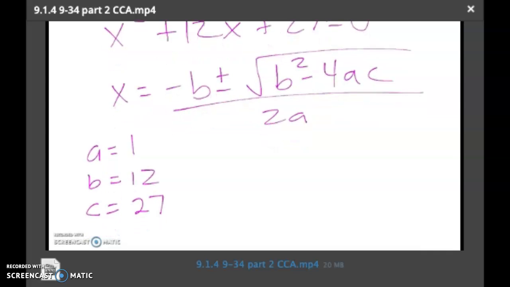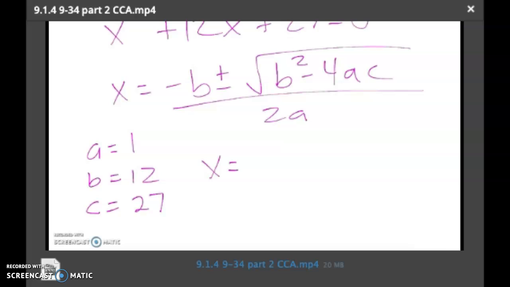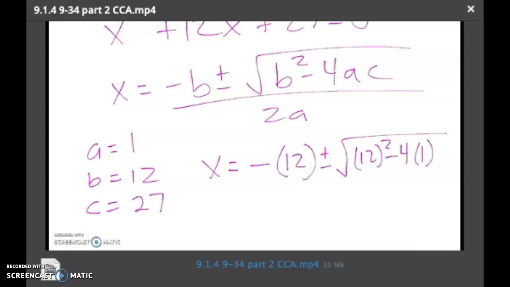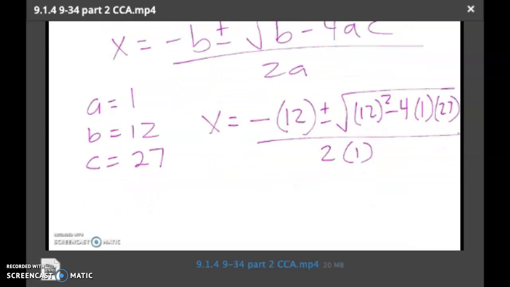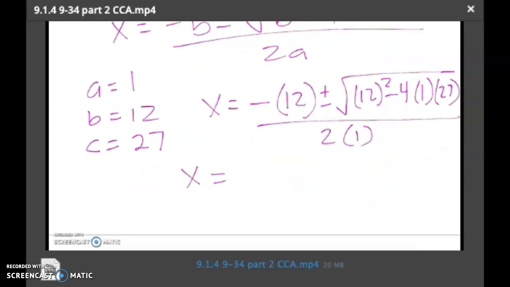All right, now we're going to just substitute these into the formula. So the opposite of b plus or minus the square root of b squared minus 4 times a times c all over 2 times a. All right, so we're going to keep solving. The opposite of 12 is negative 12 plus or minus the square root of 12 squared is 144.